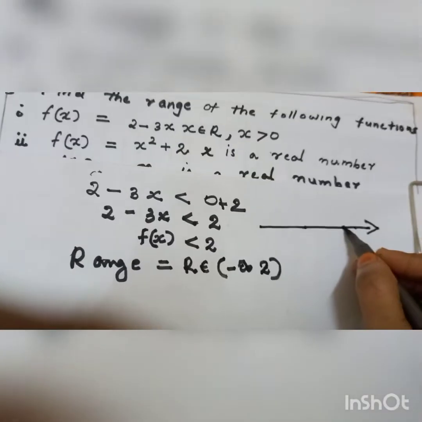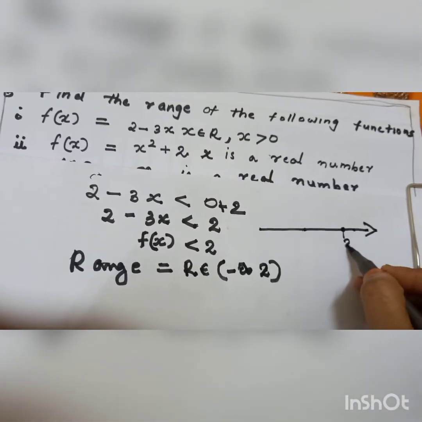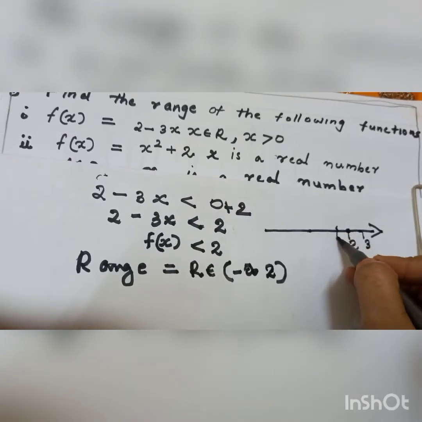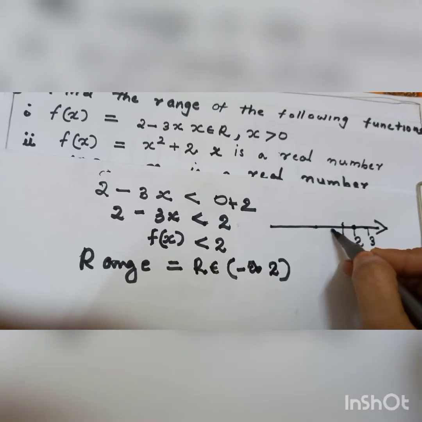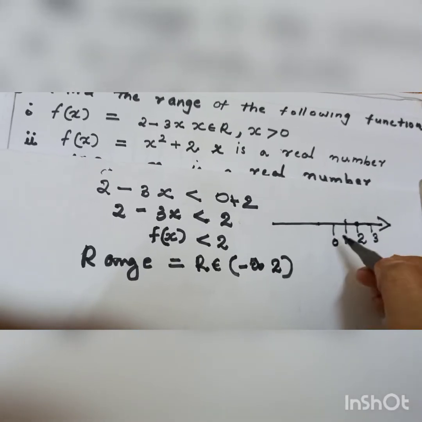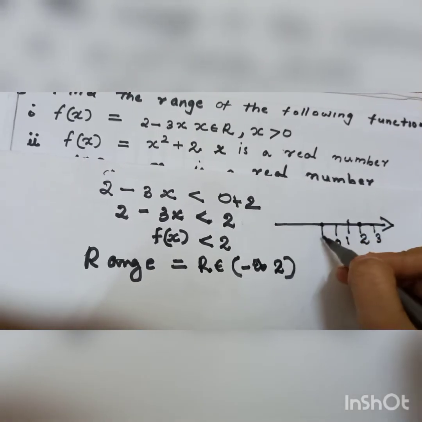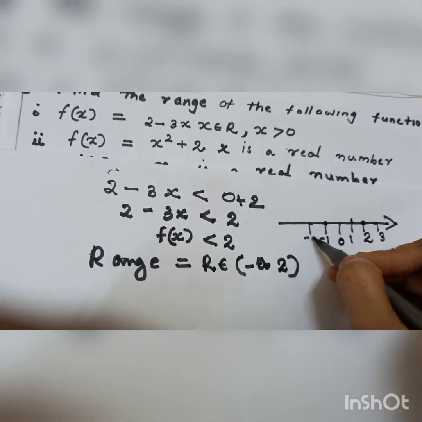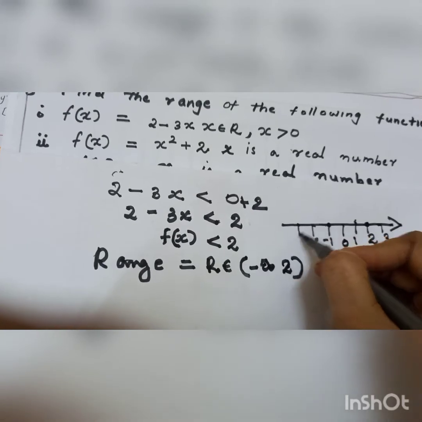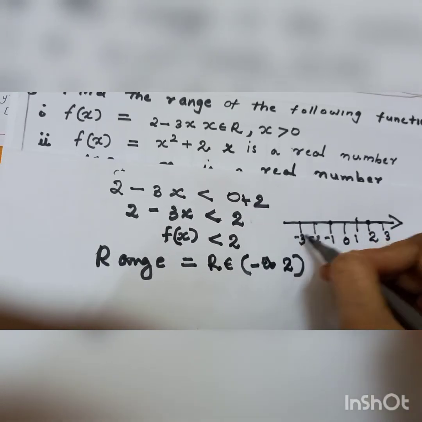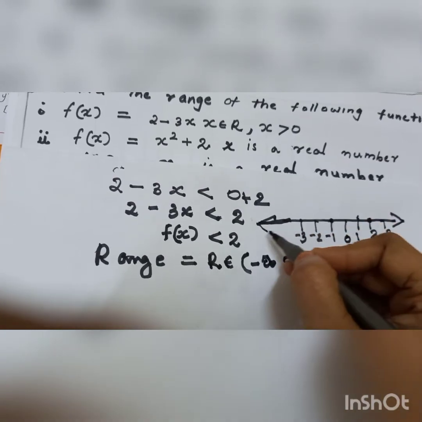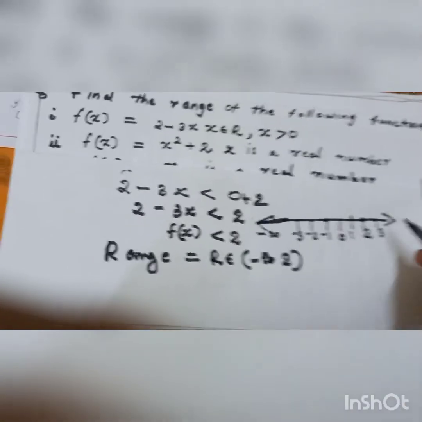So we can draw 2, 3, 1, 0, minus 1, minus 2, minus 3, etcetera, to infinity. This is minus infinity and this is plus infinity.